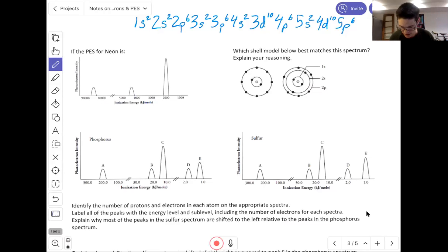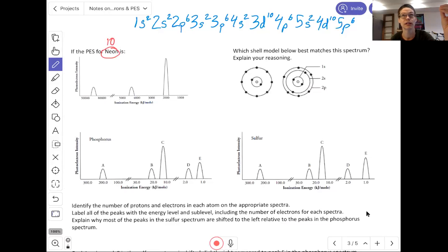So, okay. Now let's look at this. It says here on the left, we've got the PES for neon. How many electrons does neon have if I look at the periodic table? 10. Okay.